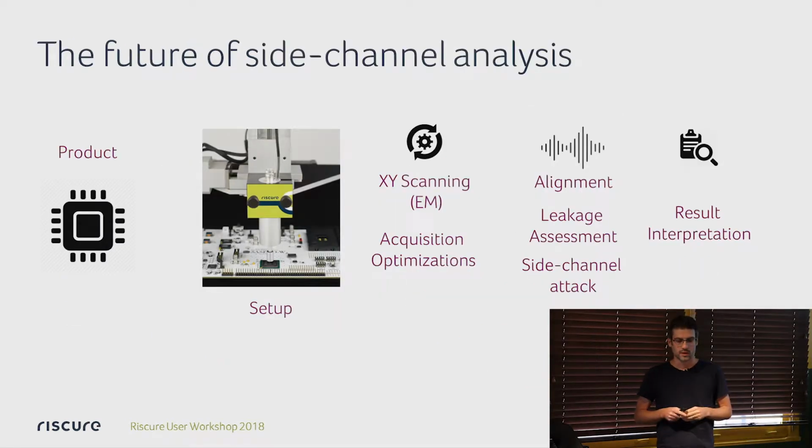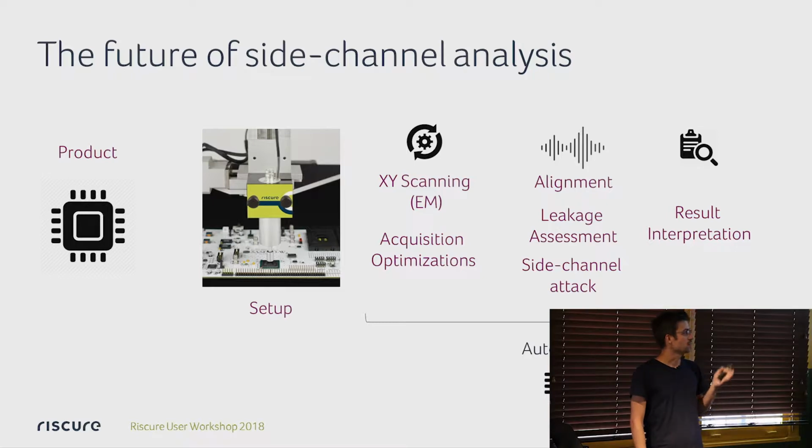From CHES, I could realize that people are trying to speak about the future of side-channel analysis all the time, but basically side-channel analysis needs to comply with all these steps. We cannot skip any of them if we want to do a proper side-channel analysis. Say you have your product and you want to build your setup; if you are doing EM analysis, you need to do your scanning, acquisition, optimization, a lot of alignment, leakage assessment, the attack itself, and also interpret the results.